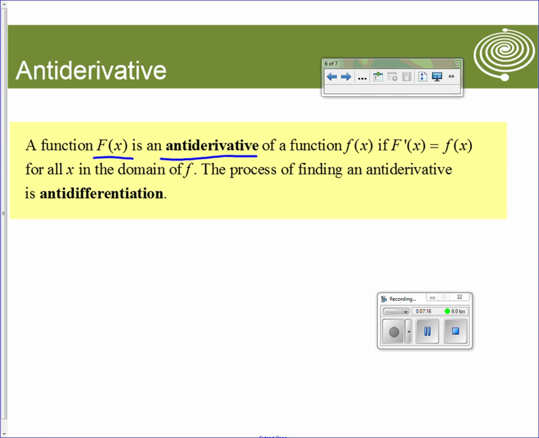So capital F is an antiderivative, and the definition of an antiderivative is that the derivative of an antiderivative is the original function. When you're finding an antiderivative, the process you are engaging in is called antidifferentiation. So let's look at an example here.